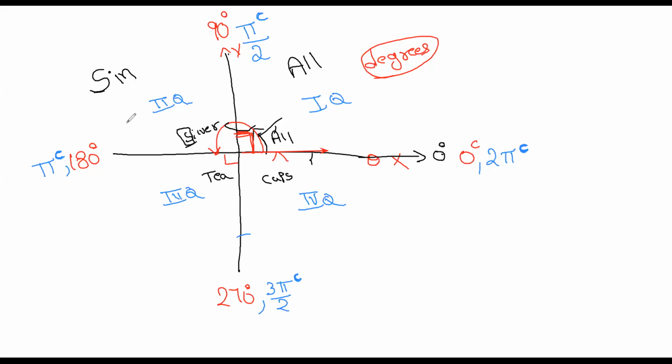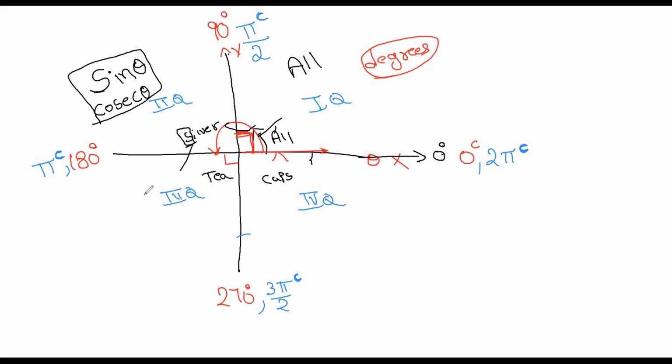When you invert sine, you will get cosecant. So cosecant is also positive in this. Because sine is positive, if you take the reciprocal of sine, it will also be positive. That's why the cosecant is also positive. So sine theta and cosecant theta are positive. Other than sine and cosecant, they are negative.